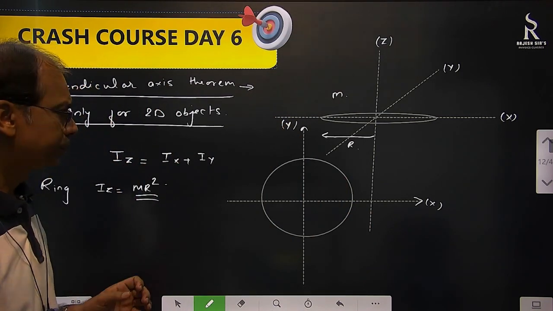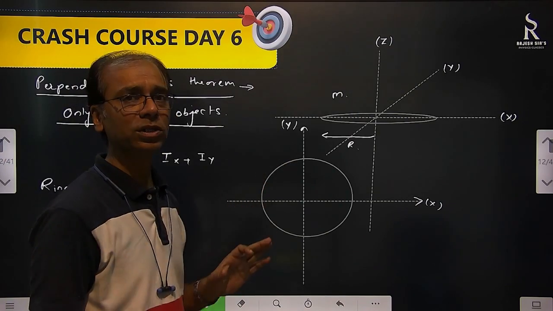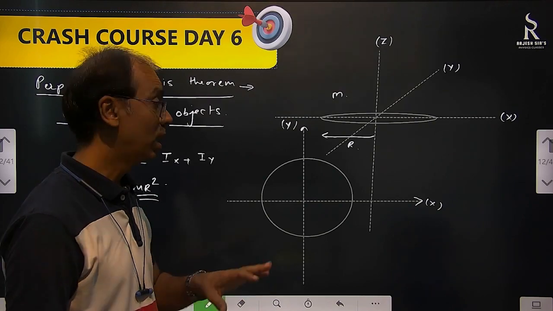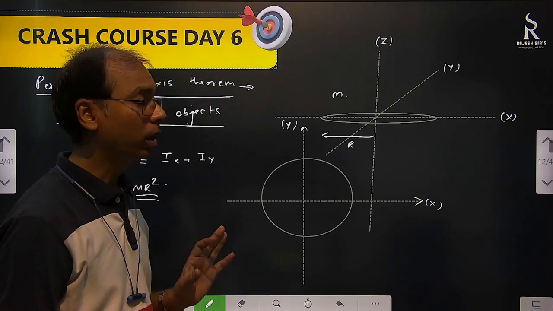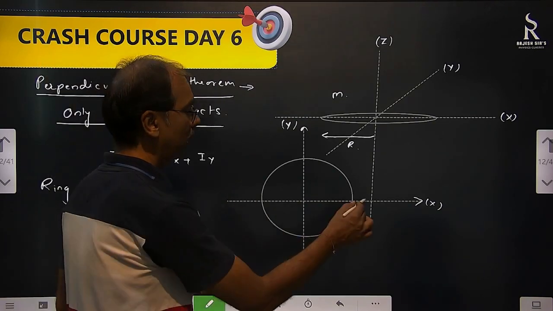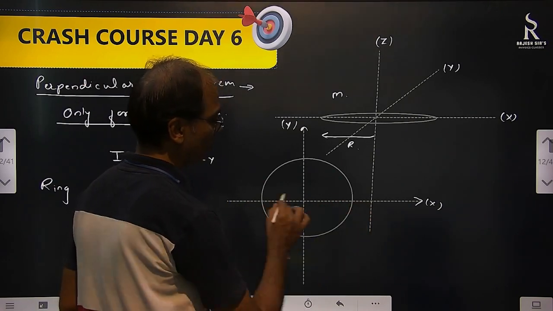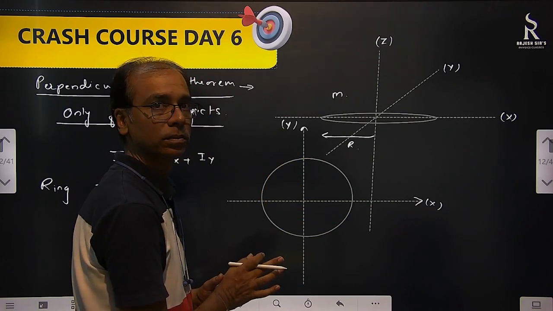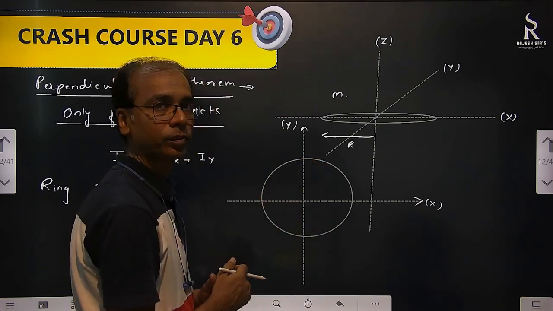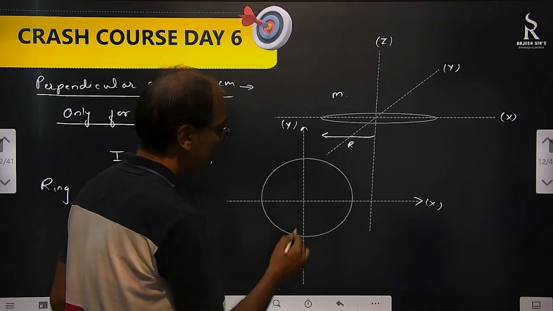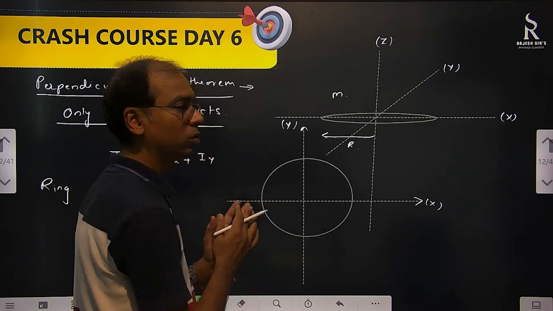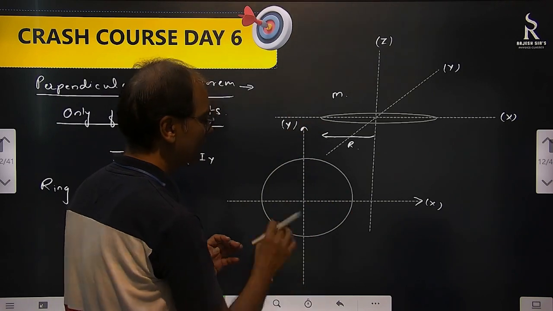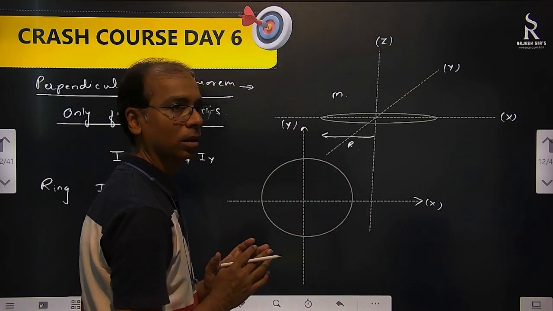What I can do? Now moment of inertia is inertia which depends on mass distribution. So see now, Ix about this axis. What is this axis doing? It's dividing the ring into two equal parts. What about y-axis? Y-axis is also dividing the ring into equal parts. Is the distribution along y-axis and along x-axis similar?